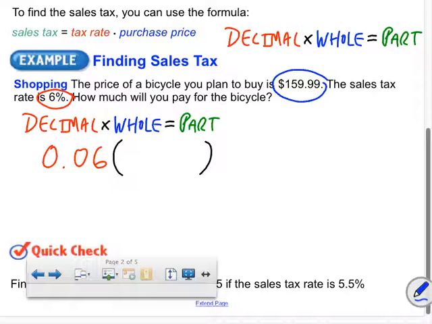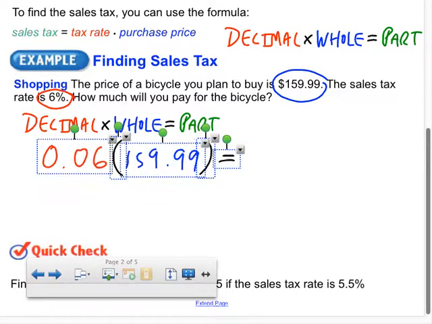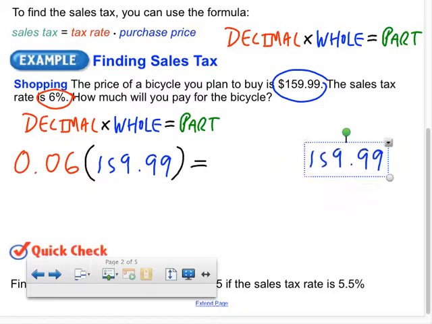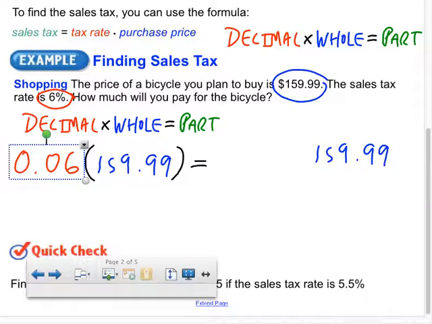The cost of the bike. And then what we get back is the sales tax for that bike. While you guys are working that out, I'm going to go ahead and work out my part.